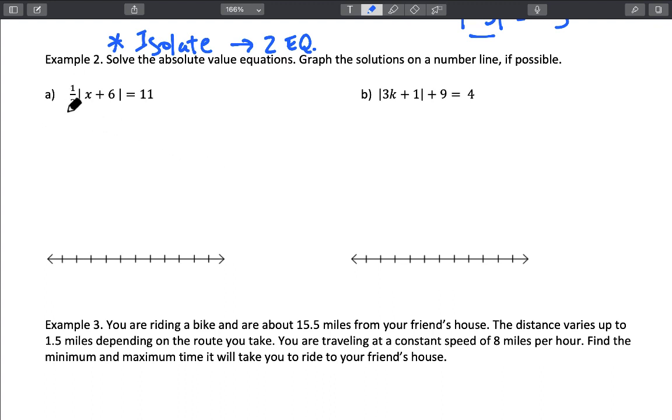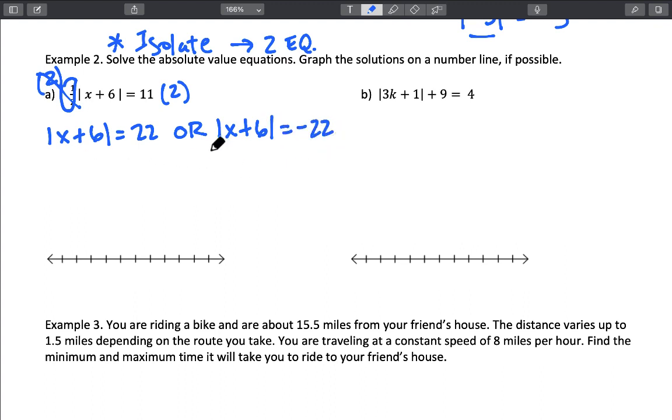Example 2a says 1/2 the absolute value of x plus 6 is equal to 11. We're going to move this 1/2 over to the other side by multiplication. So we're going to multiply both sides by 2. That will eliminate that 1/2 in front, and now leaves me with the absolute value of x plus 6 is equal to 22. Here is where we are now going to set up two equations, one set equal to the positive and one set equal to the negative.